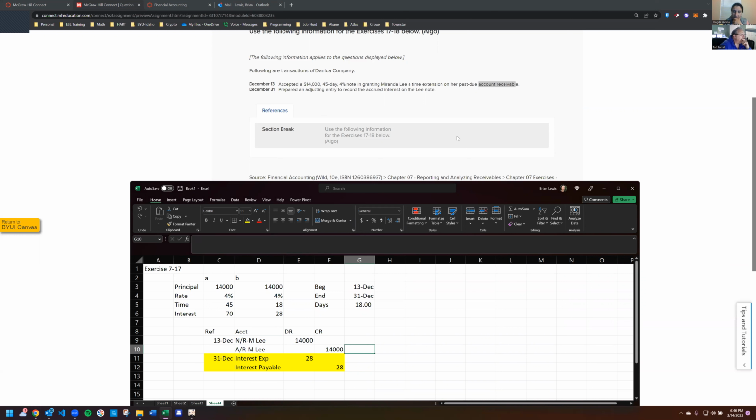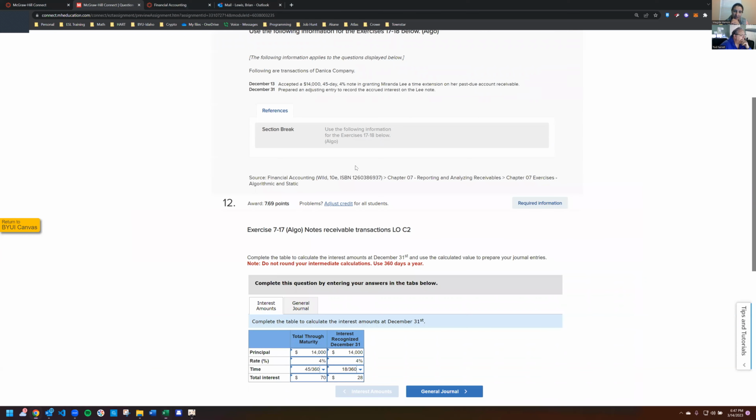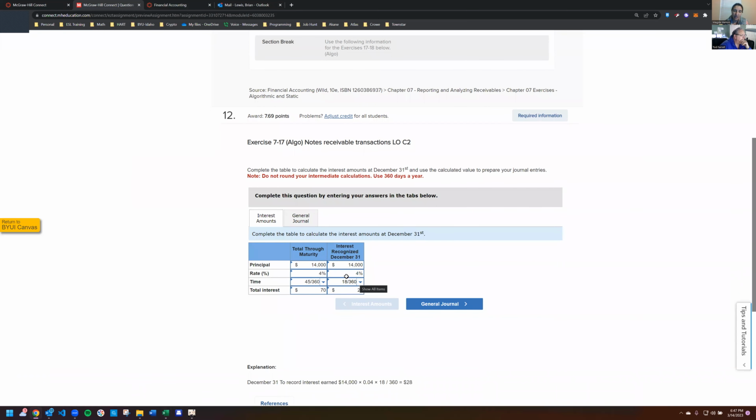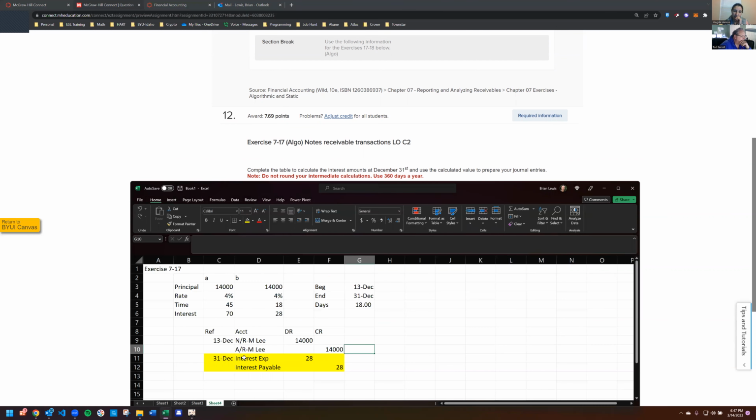Yeah, that can be a little tricky. And then you do have to register the interest that it's up to that date at the end of the period. Yeah, but you don't receive it yet, right? That's correct. You don't receive it yet. So that's why it goes into an interest payable account. Okay. Actually, this is an interest receivable account.